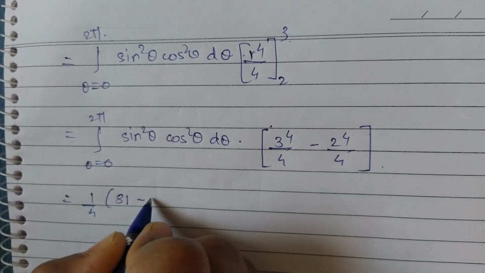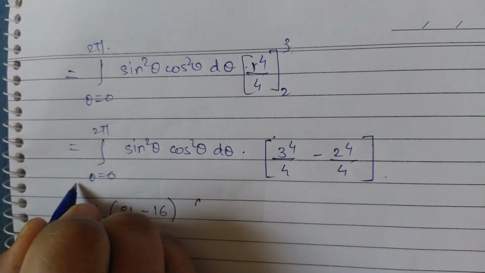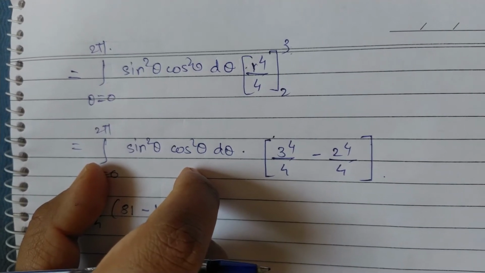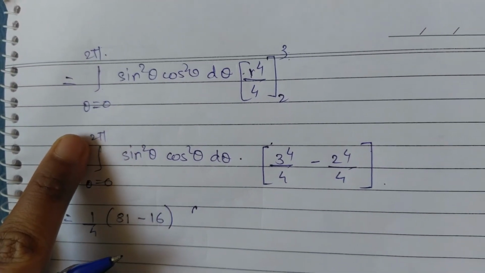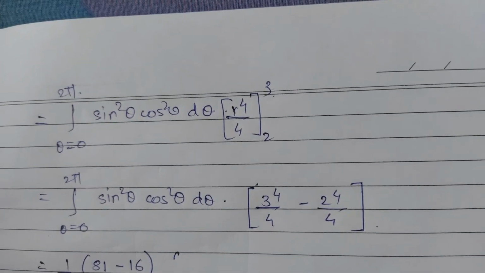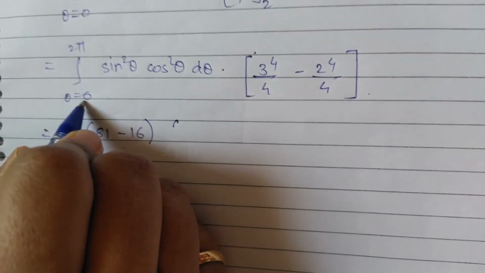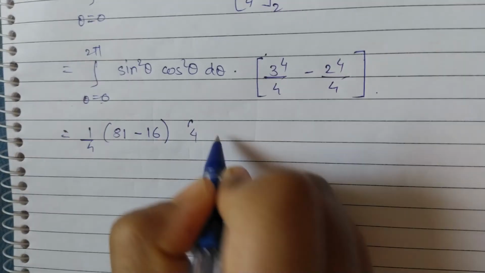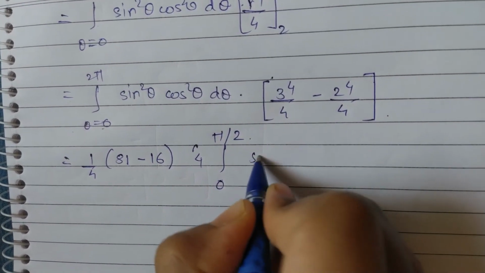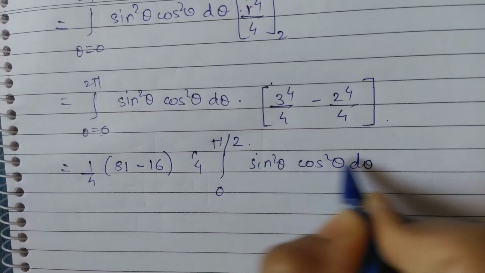81 minus 2 raised to 4 is 16 into, now see, you have learned the reduction formula in unit number 3. So as per the rule in the reduction formula, this 0 to 2 pi will be converted as 4 times 0 to pi by 2 sin square theta cos square theta d theta.